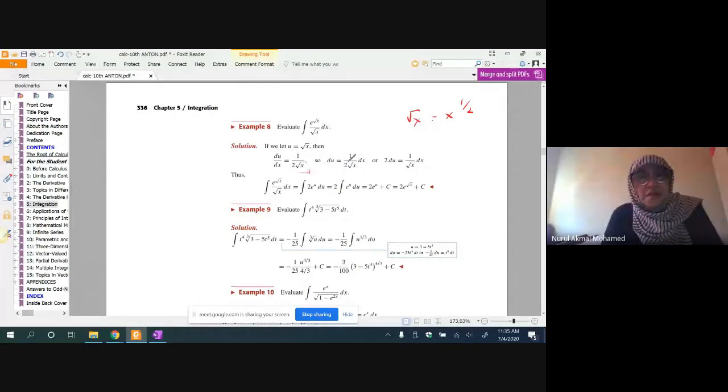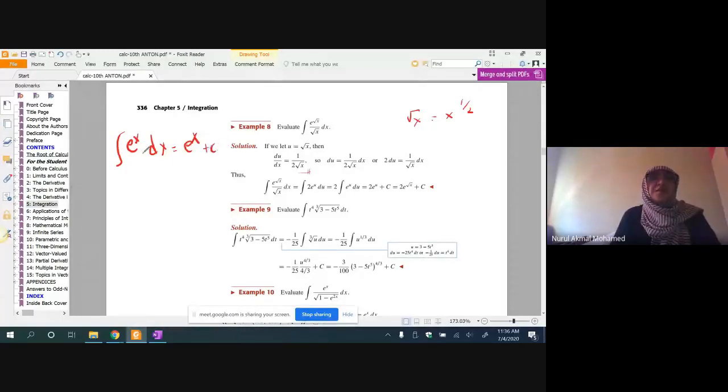Okay. And then you simplify everything, you got this one. You got 2e to the power of u du. So you integrate exponent function. If you integrate e to the power of x with respect to x, it will be equal to e to the power of x plus c. It will be itself.